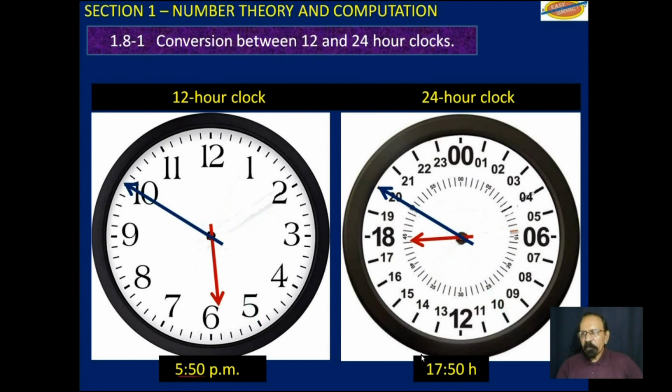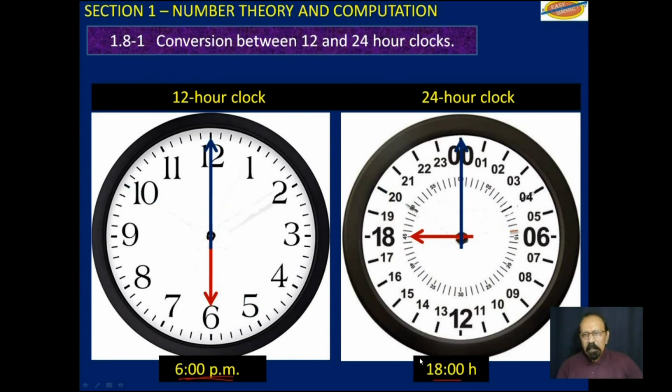This is 5:50 p.m., 10 minutes to 6. This is 17:50 hours. So we add 12 to that 5. Next one, 6 p.m. on the 12-hour clock. On the 24-hour clock, it is 1800 hours.